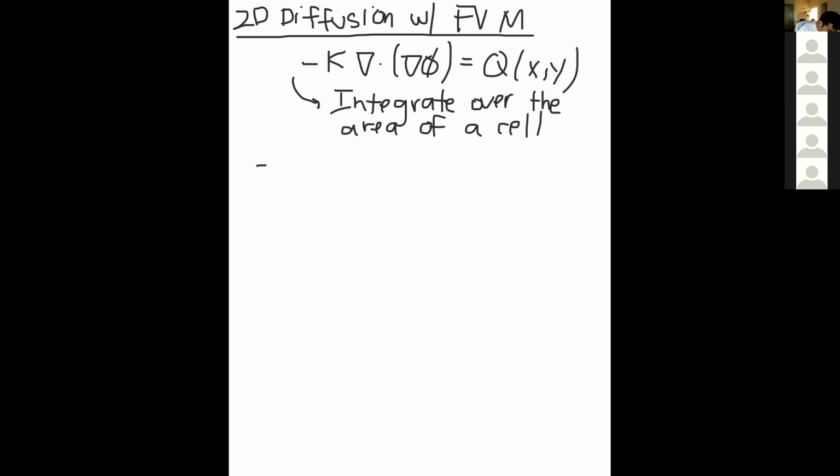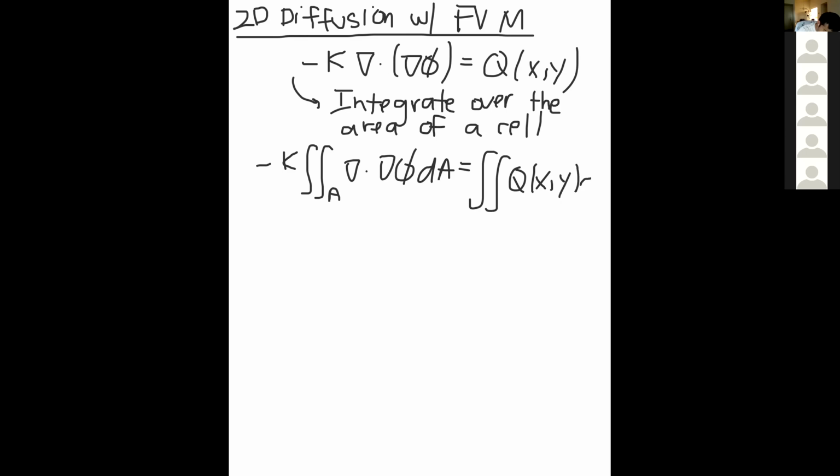So we have minus k times the double integral. Now we have this term. Just like in the 1D problems, we're going to use our integration rules in order to do this.